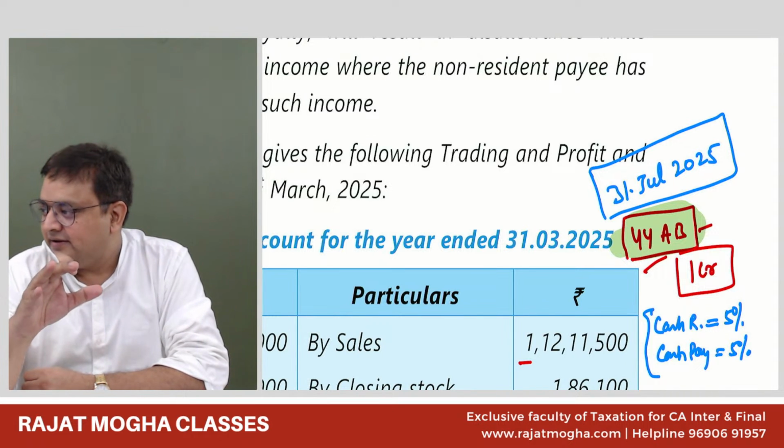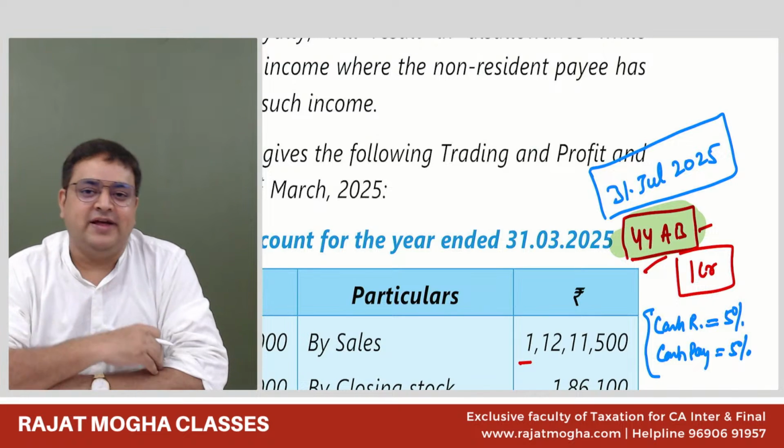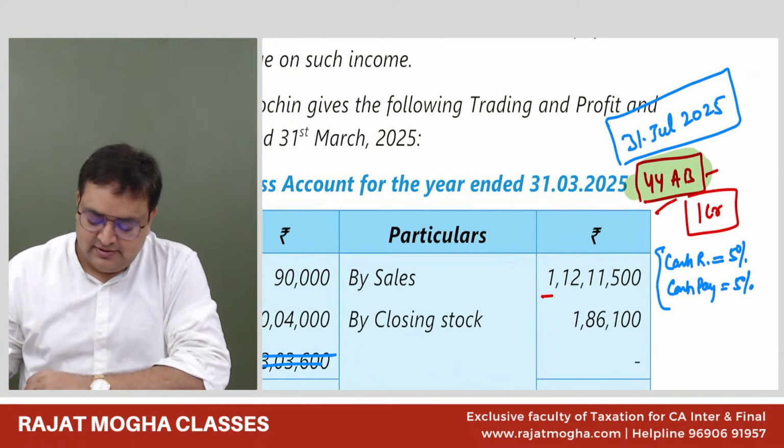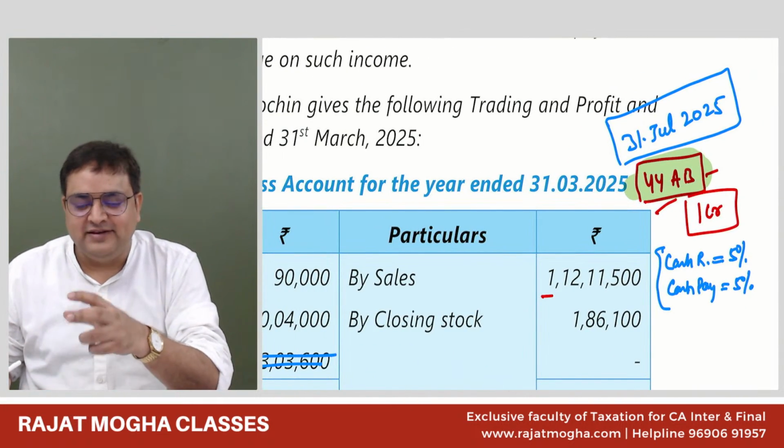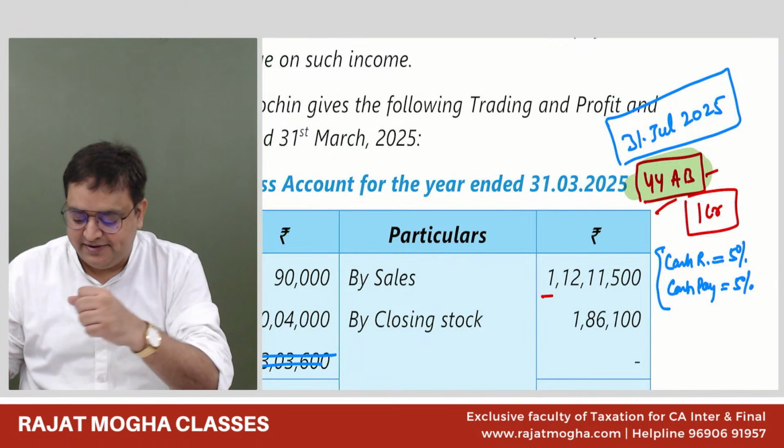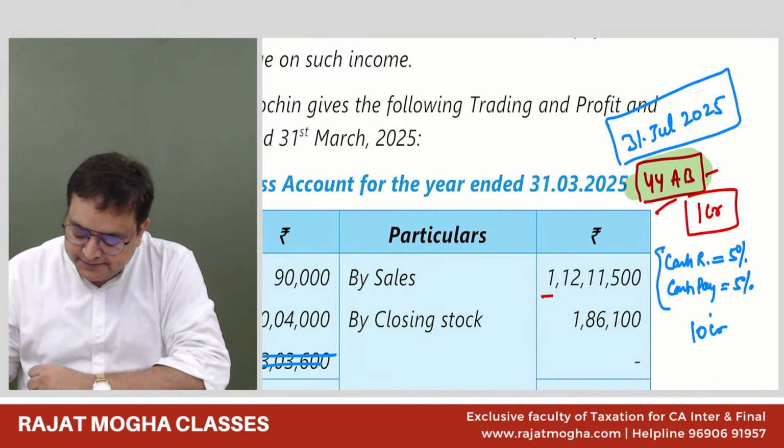Are you all getting it? Now I have almost taught you that section. Now please tell me what is the limit for that. 10 crores.